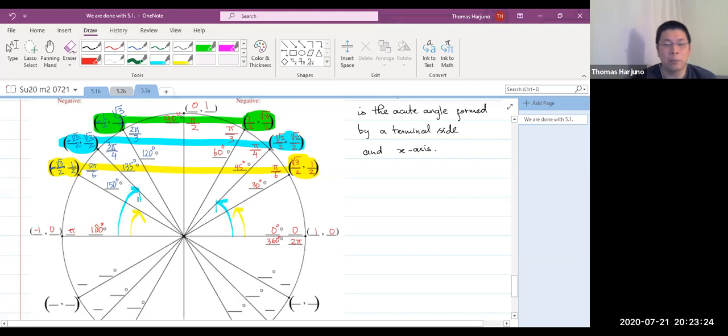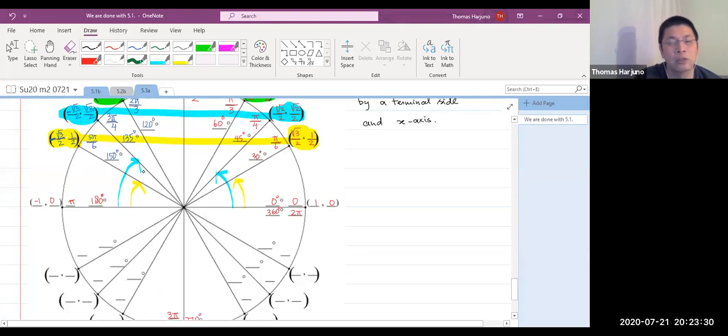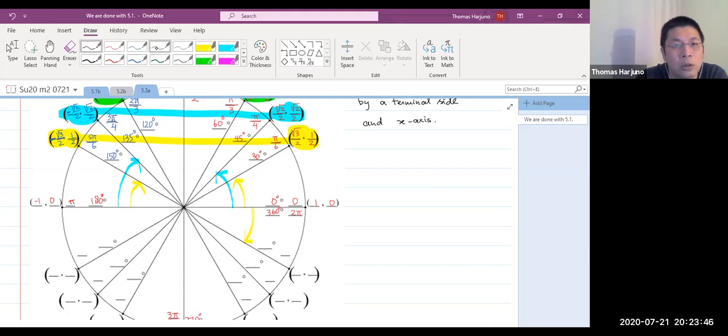Now, developing that into quadrant 3 and quadrant 4, let's do quadrant 4 first. So reference angle 30 degrees in quadrant 4 is this angle, right? Let me use blue. Then this will be 330 degrees, 360 minus 30, right? The radian will be 11 pi over 6.